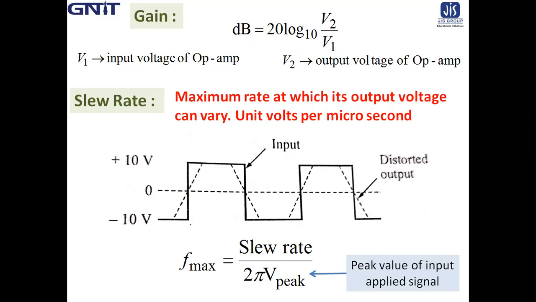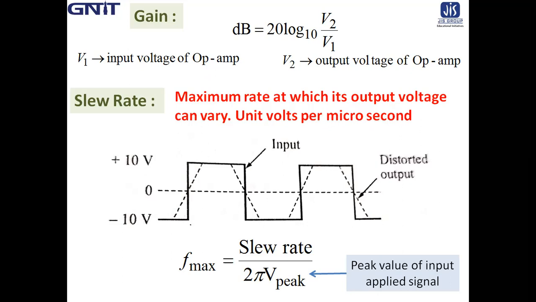Again, I am repeating, the maximum rate at which its output voltage can vary. So it is represented as dV0 by dt, and it is expressed in volt per microsecond. The unit of slew rate is volt per microsecond.